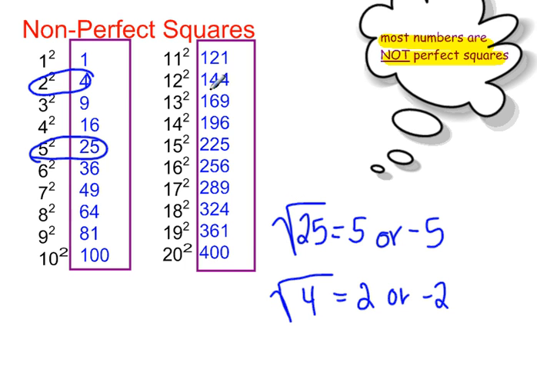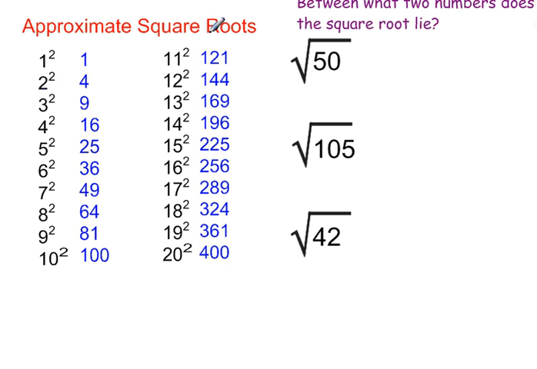So these numbers on this list are perfect, but as I just said, most numbers are not perfect squares. So here's what we have to do when we have numbers that aren't perfect. We're going to approximate an answer. I can't actually find the square root of a non-perfect square without a calculator, but we can come up with a pretty good estimate of where a square root will be.